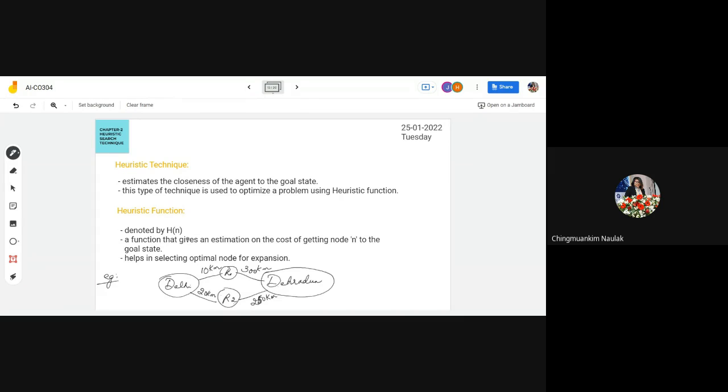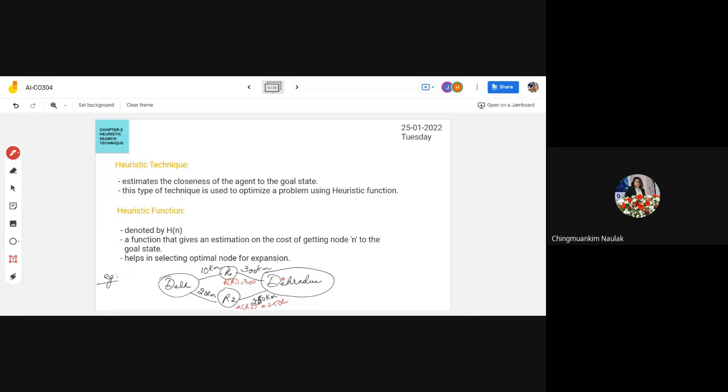Given these values, what would be the heuristic value of R1? As I have just said, the heuristic value is the estimated cost of moving from the current cell to the final cell. So H of R1 would be 300, and H of R2 would be 250 kilometers. Now, how would you select the optimal path using the heuristic function?